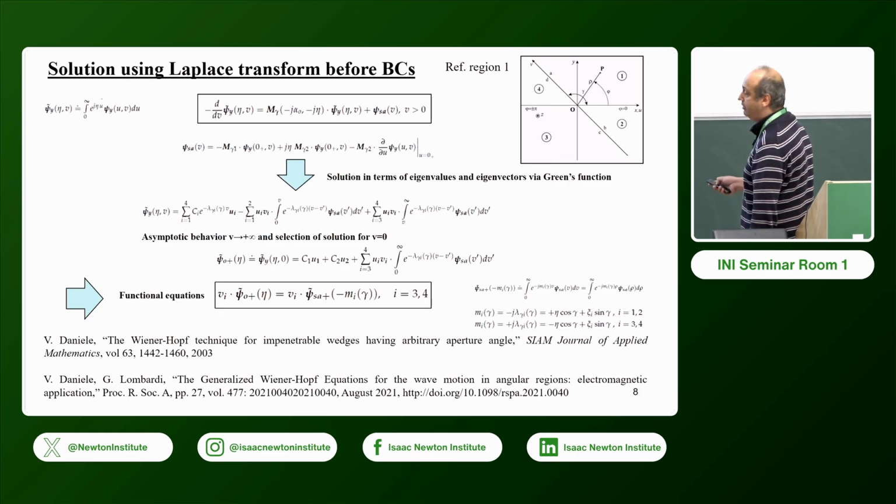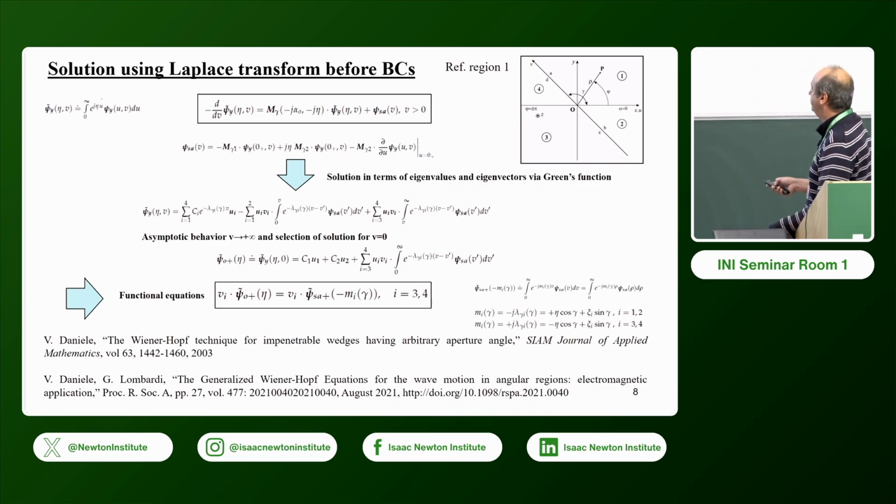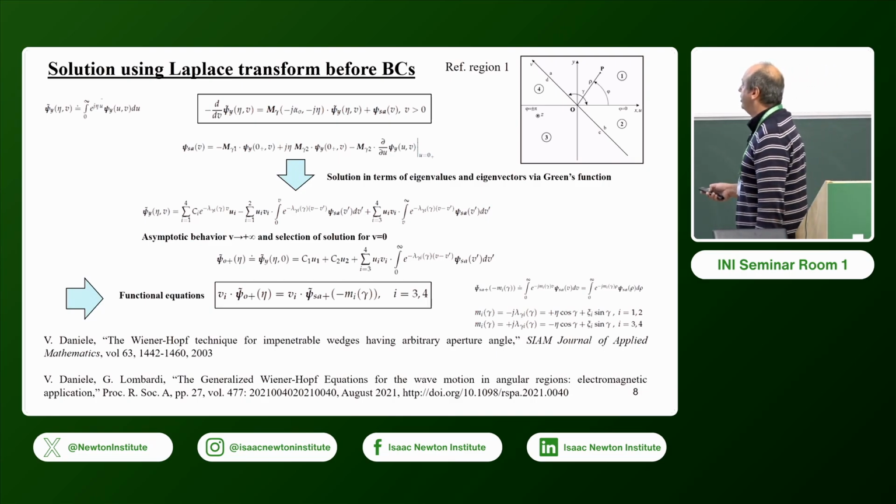Mi is defined here. You see, there is a relationship between this mi and the eta plane. This is the longitudinal propagation constant in stratified media, so it's the square root of k squared minus eta squared, and the aperture angle gamma. So these are the functional equations.